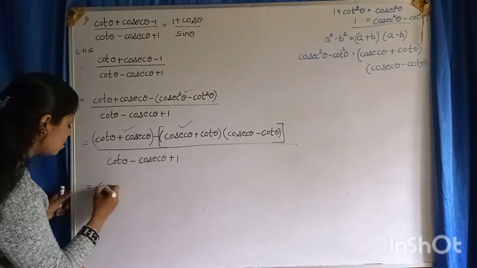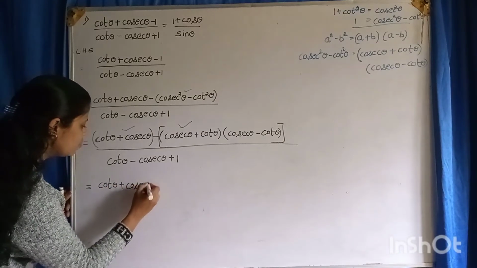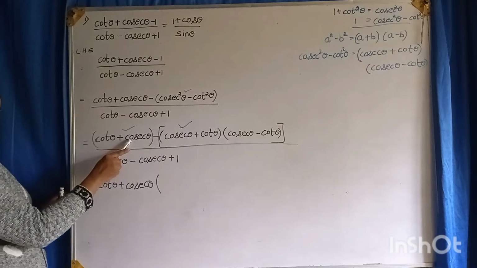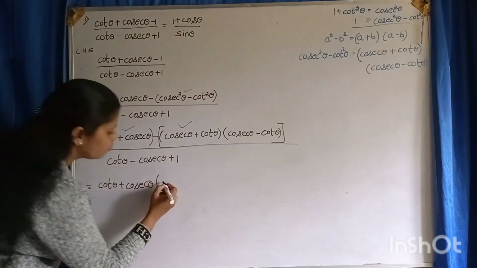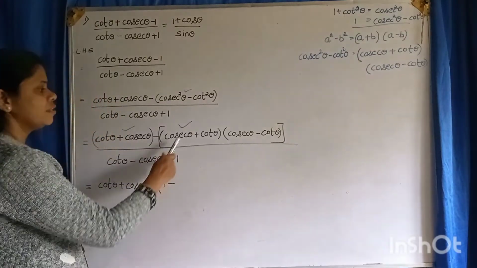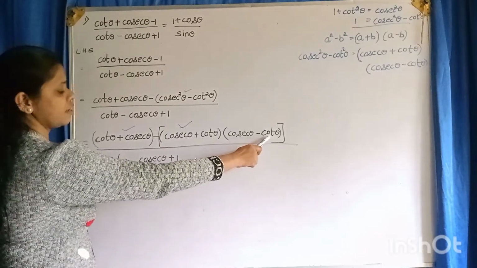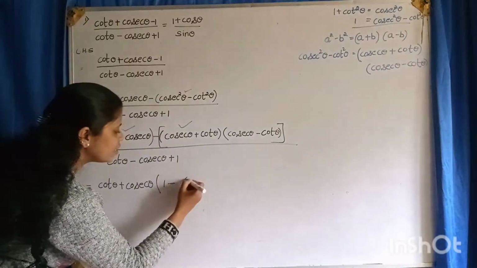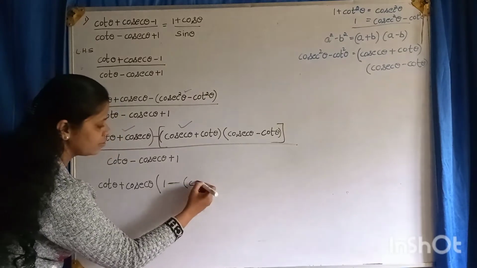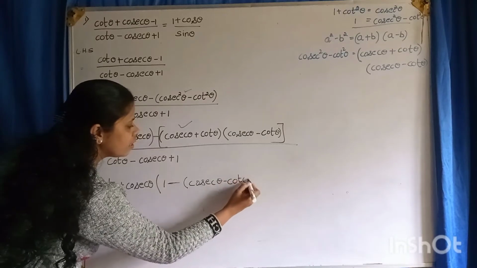That is cot theta plus cosecant theta. We are taking common. What is left here? 1 minus. This is common. And what is left here? Cosecant theta minus cot theta. Again we have to take it in the bracket because here we have minus sign.